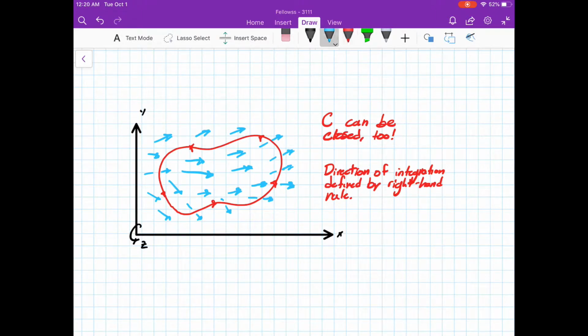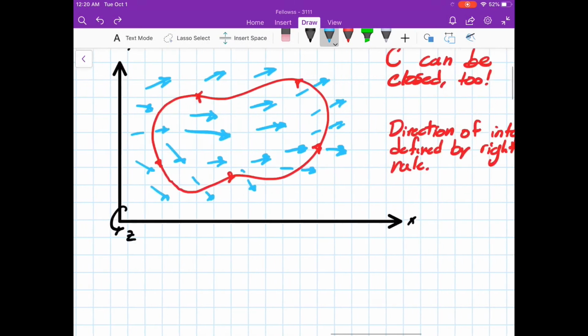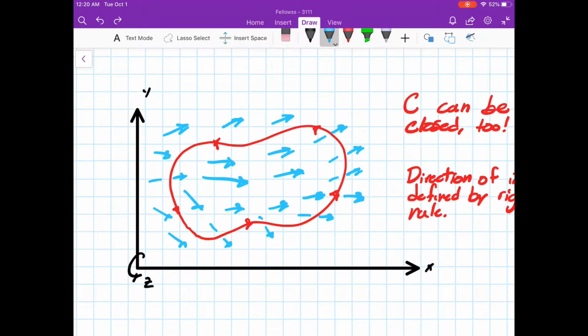Same kind of deal. We can add up all the little pieces that are in agreement, and actually for us, because these are in opposite directions, we're going to have a bit of a negative agreement here. If we took the dot product between these, we get something like this.